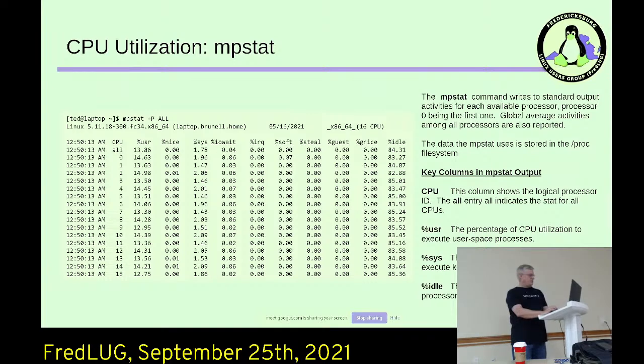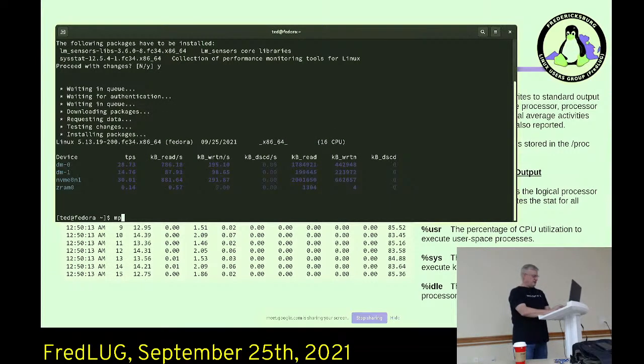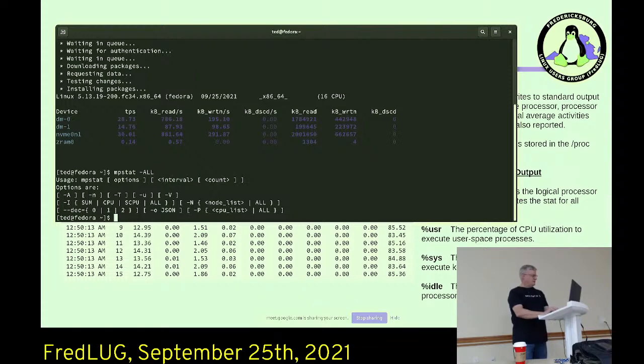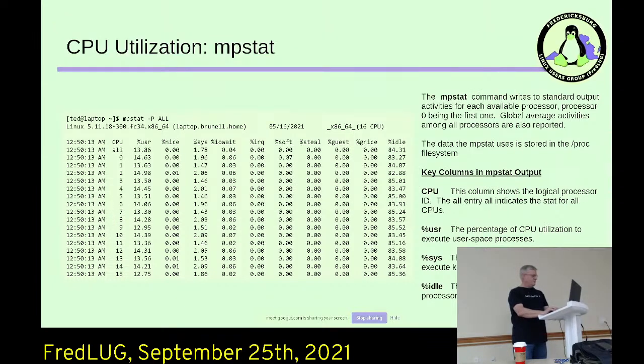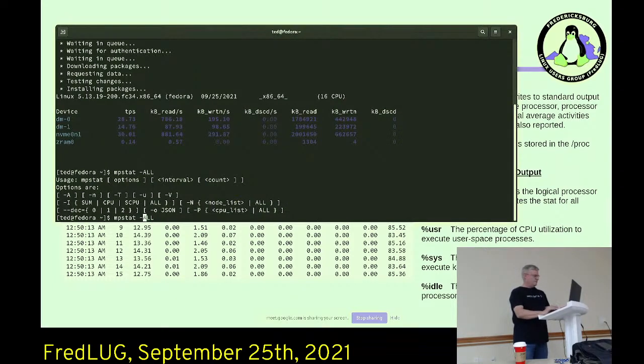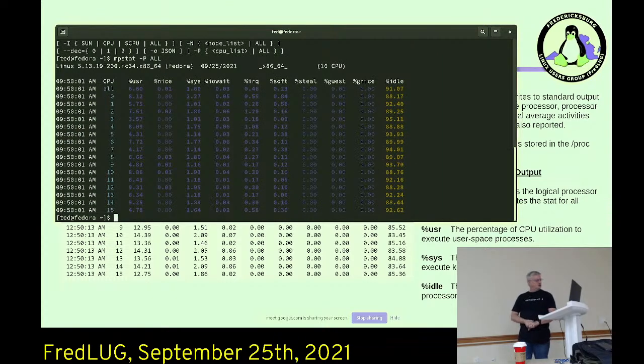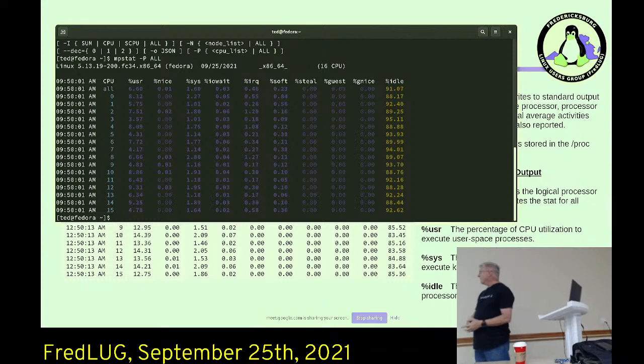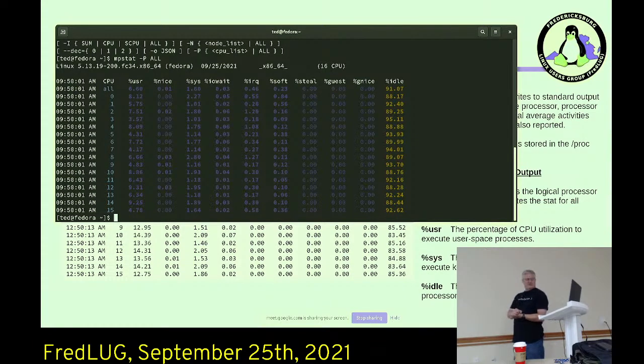So if we come up here and we type in mpstat -P ALL, okay, it shows me all of the CPUs in my system. I do have 16 CPUs, well, it's an 8-core hyper-threaded processor on my laptop, but it shows up as 16 CPUs.